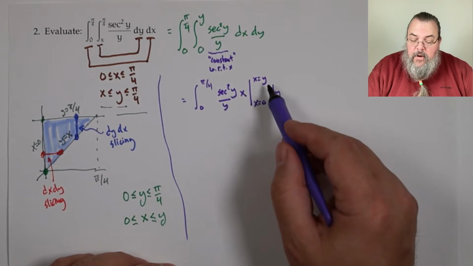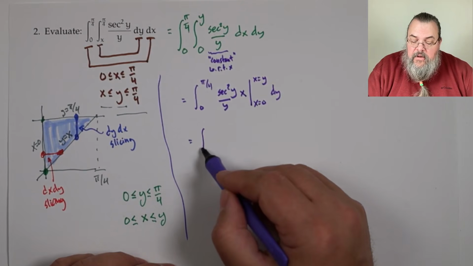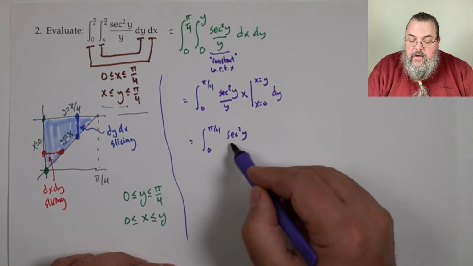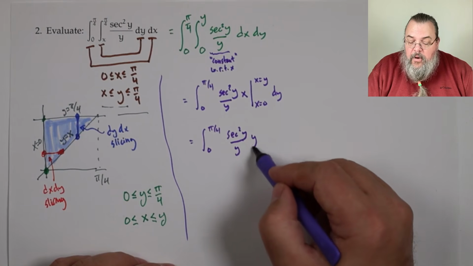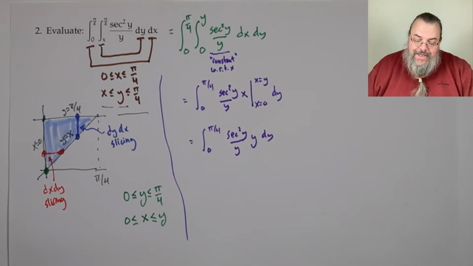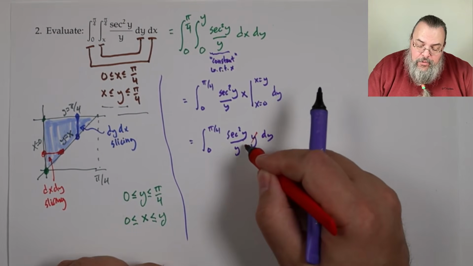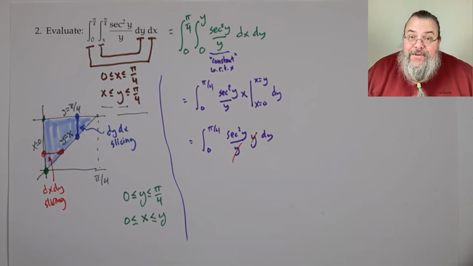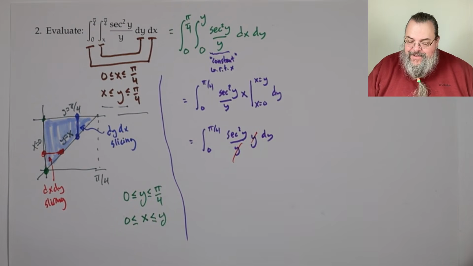That's nice. When you plug in y, you get the integral 0 to pi over 4 of secant squared y over y times y. But if you have two y's, they cancel out. Pew, pew. You don't have to make the pew sound when you're doing the problem, but it feels good, doesn't it? Yeah, of course it does.